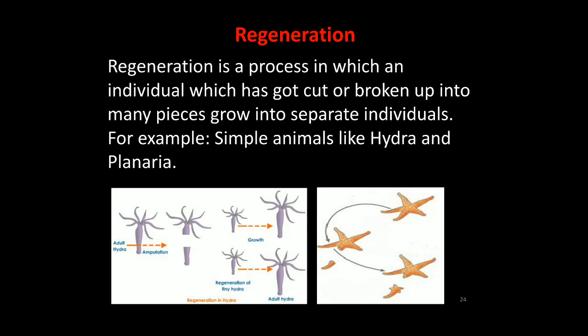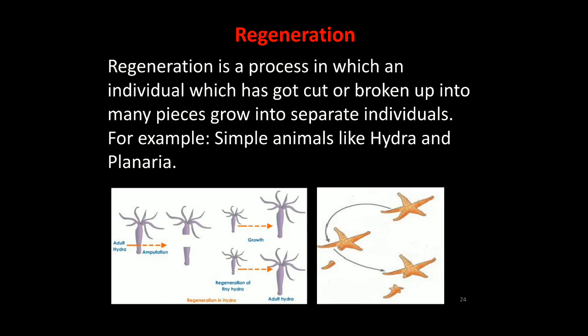After a few days, you observe, it will get a small tail. That is called regeneration. Some of the organisms we humans don't have. If our hand is cut, we don't regrow our hand. But some of the organisms, animals, especially frog, amphibians, reptiles have this, some of them have this speciality of regeneration.